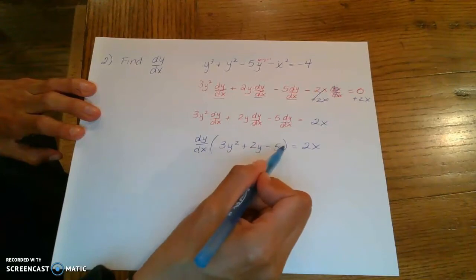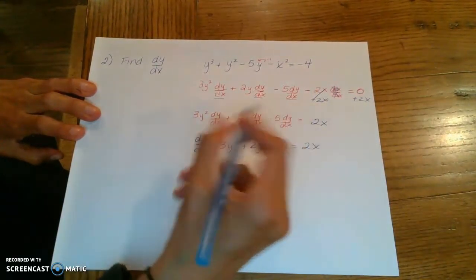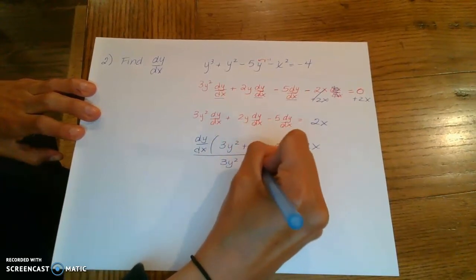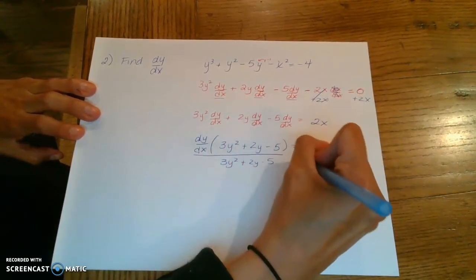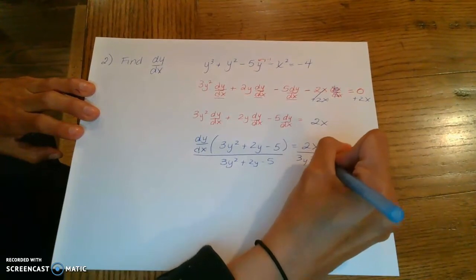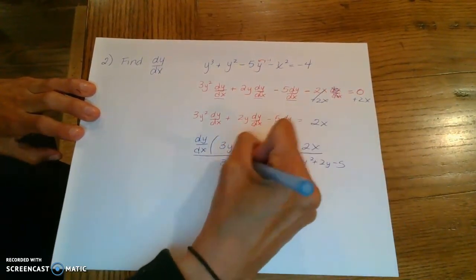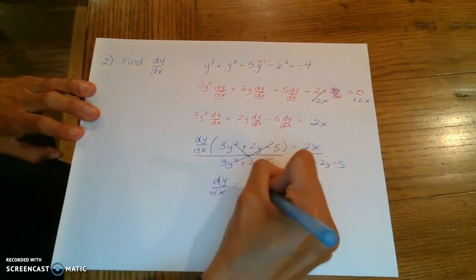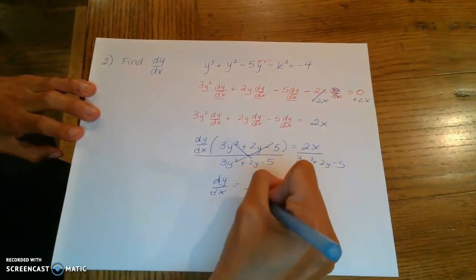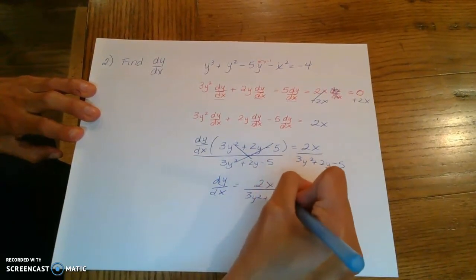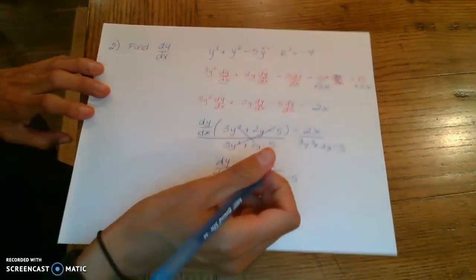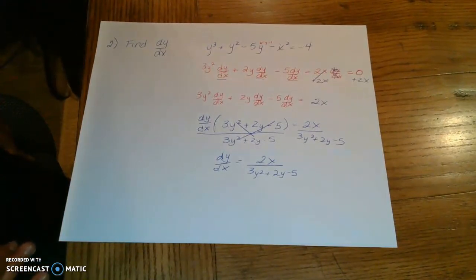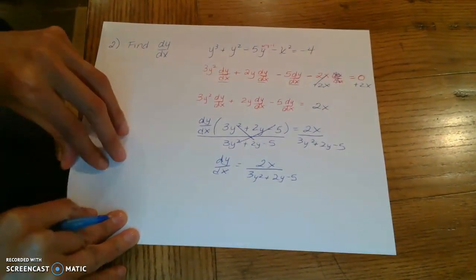This whole parentheses is being multiplied to that. So I'm just going to divide this whole polynomial over to the other side. And now I get dy/dx is equal to 2x over 3y squared plus 2y minus 5. And that's your answer. You just went ahead and you solved for the derivative.